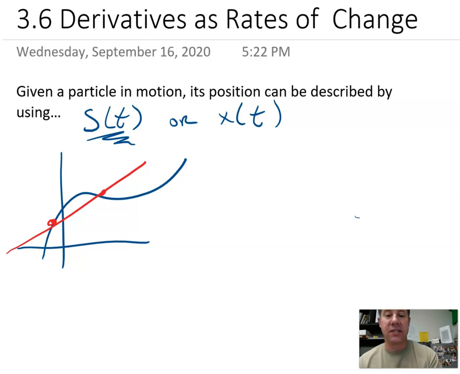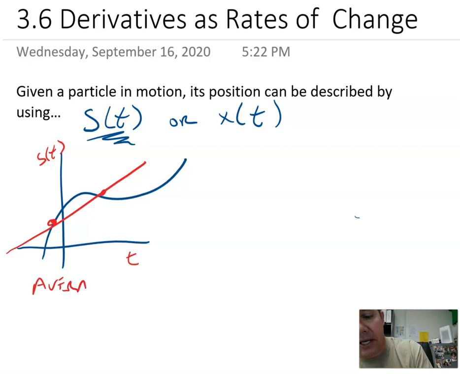Given that's its position, the independent variable is the time, and up here is the position. This is S of t. The average rate of change is the slope of the secant line, or average velocity.